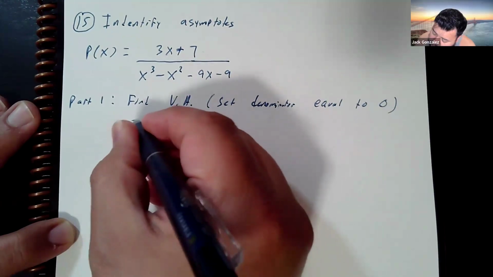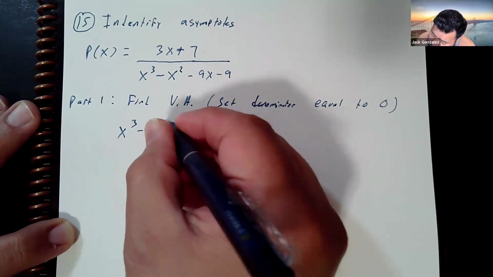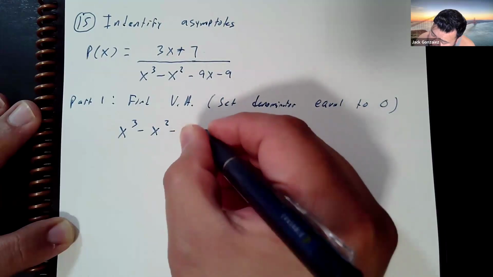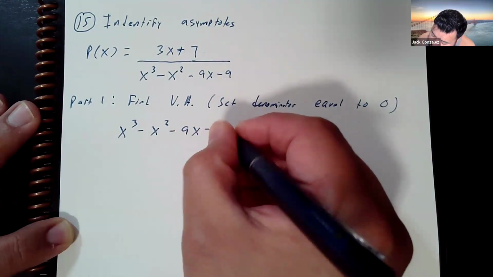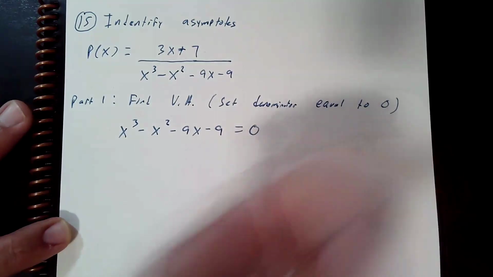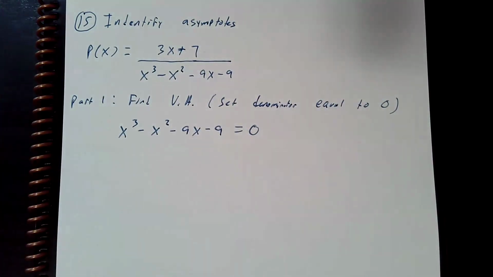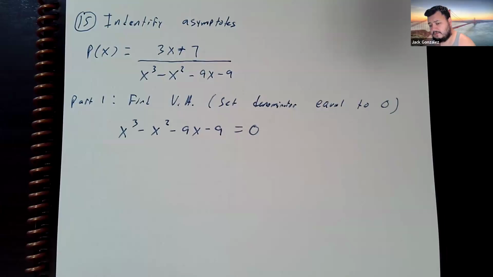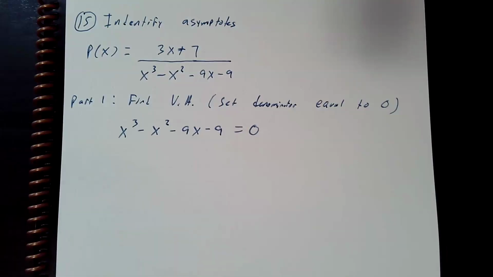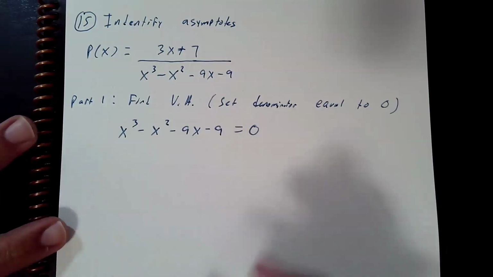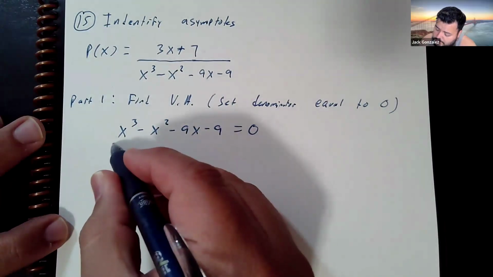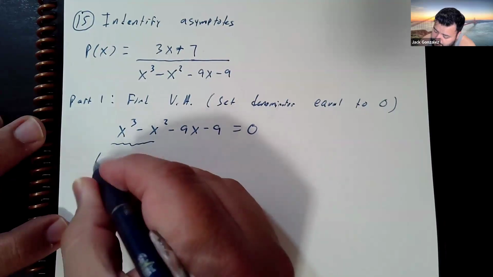So we have to factor this. Whenever we have 4 terms, what is the best factoring technique? In order to solve it, we have to factor. Is it grouping? Yeah, we should do grouping. These two have a GCF of x squared.